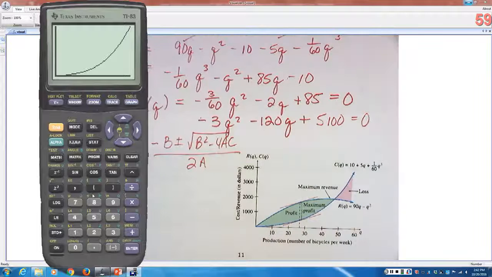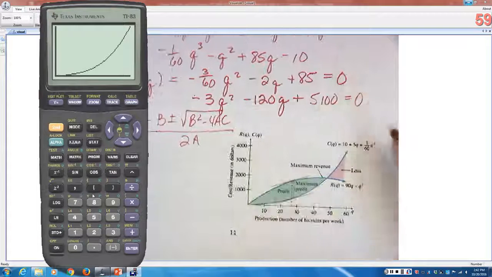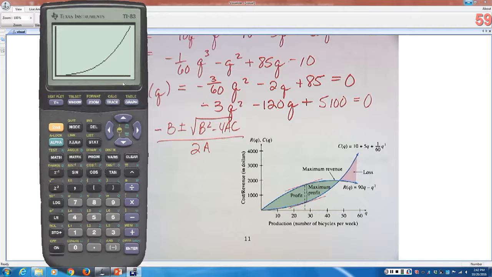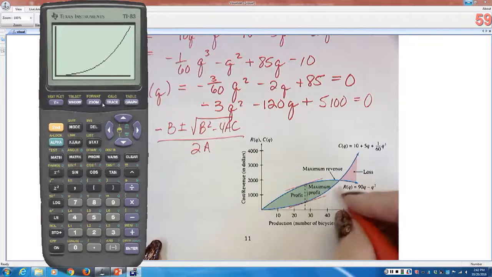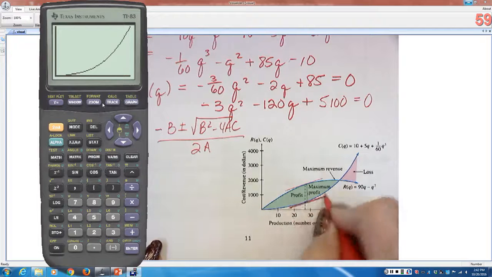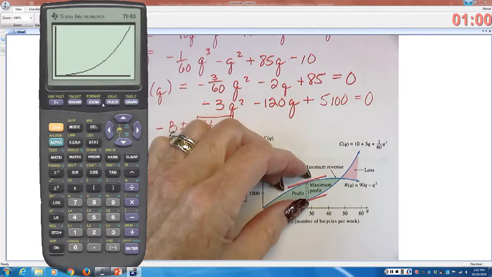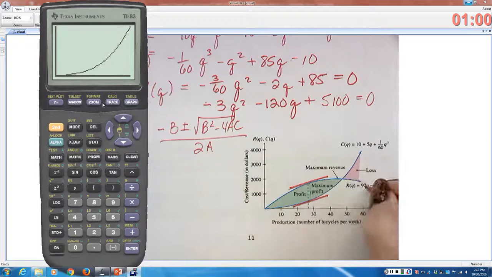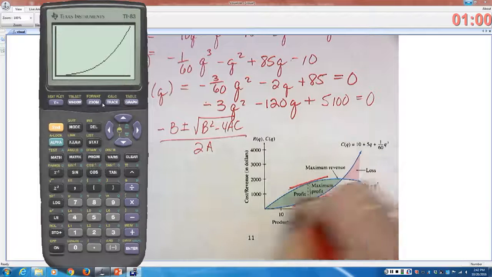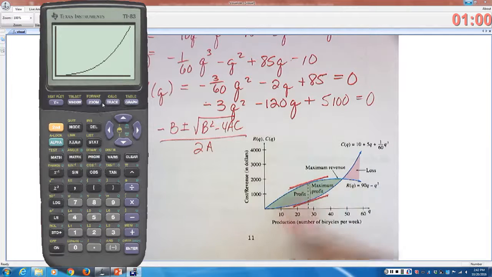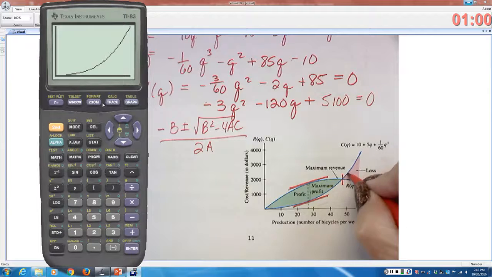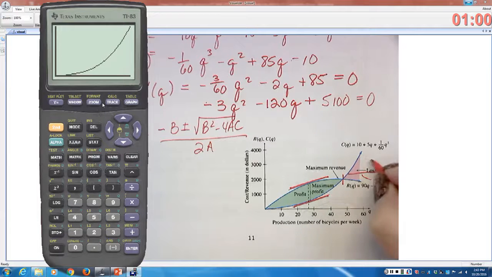To make the long story short, since we've only got about 8 minutes left and everybody wants to go home so you can study for your test. If you graph all of this, your maximum profit actually occurs where this is the widest. Because this is your cost function, this is your revenue function. Everything in that first part that's green is all revenue, and everything from here onward is loss.